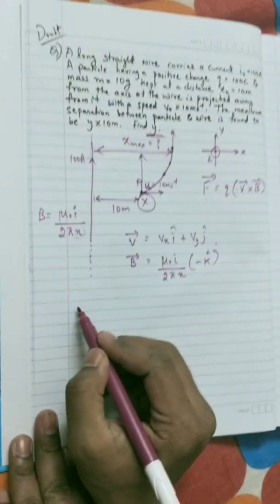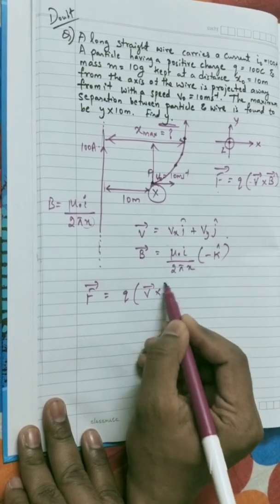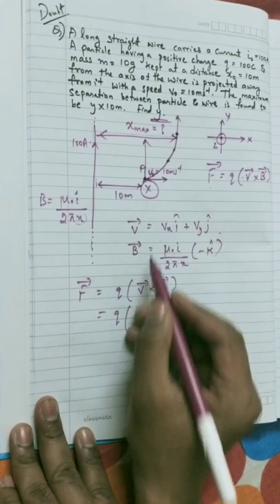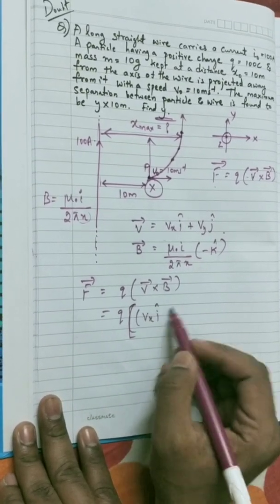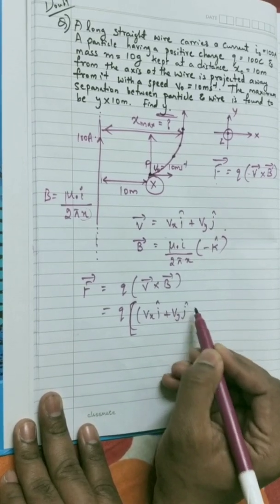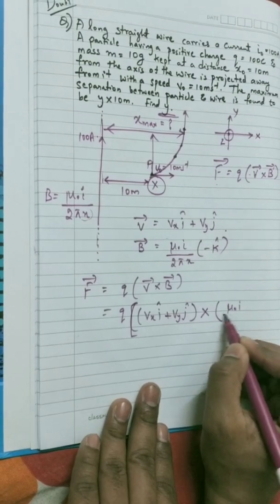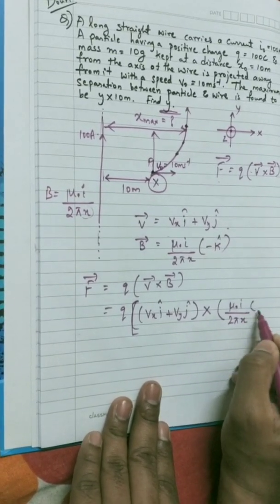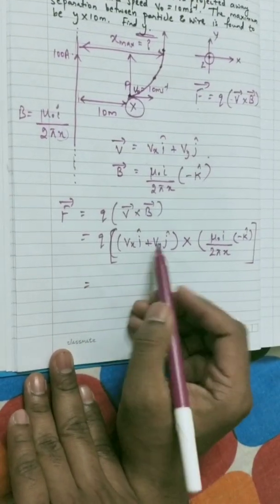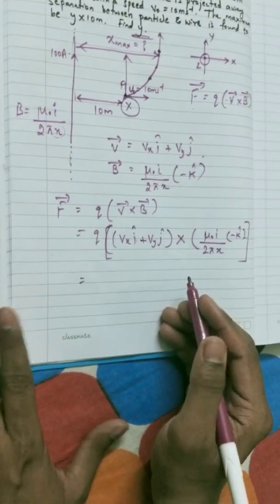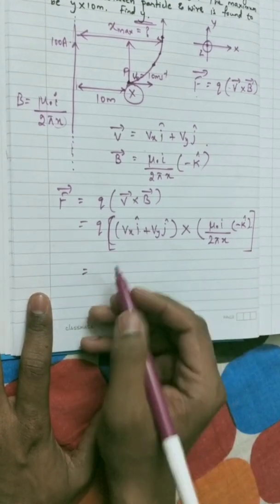Okay, so what is the force? We can find that force is equal to q into v cross B. So q into v is q times (Vx i plus Vy j), cross B. B can be written as mu naught I by 2 pi x into minus k. Now multiply this. We know that i cross k is minus j, but again we have one more minus, so it becomes plus j.